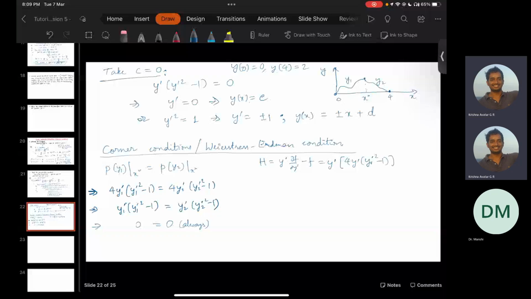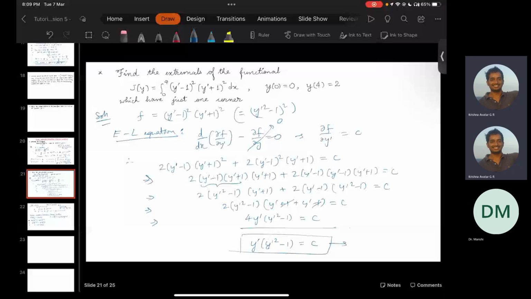If we take a look at it clearly, we can also write f as y squared.